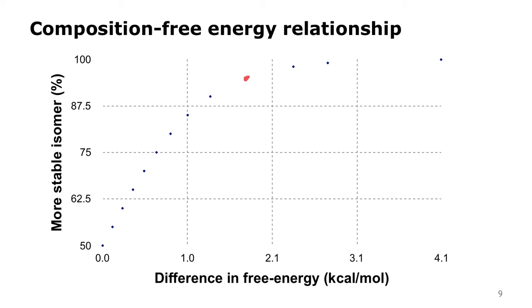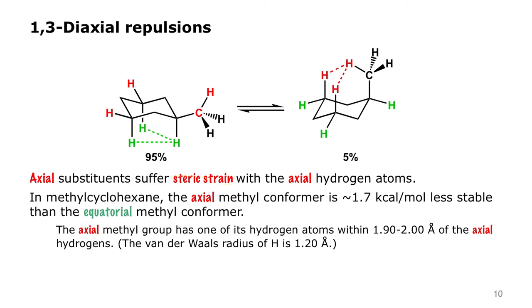And if we then extrapolate that down, we can determine, or estimate, I should say, the free energy difference between those two structures. It turns out to be about 1.7 kilocalories per mole. Now, that's a very small number in the grand scheme of things, but that's a large enough number that you get a 95 to 5% mixture.